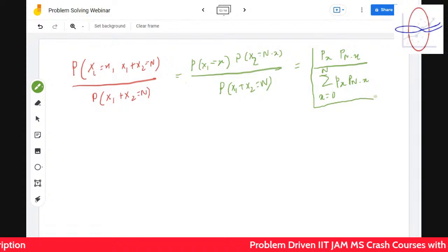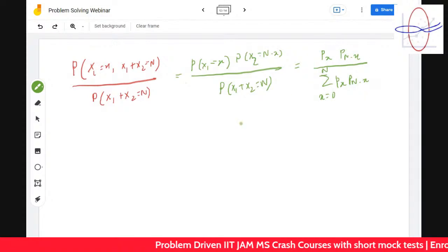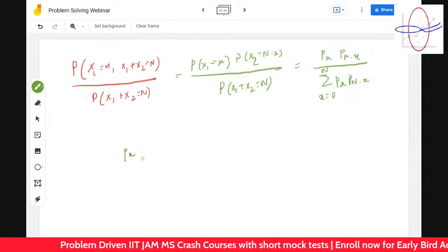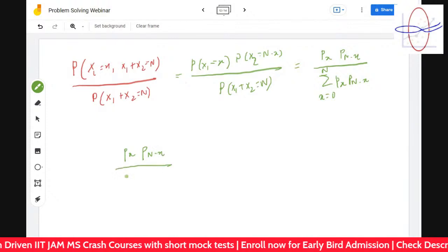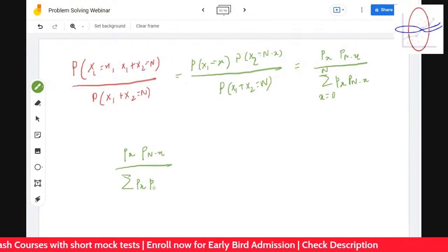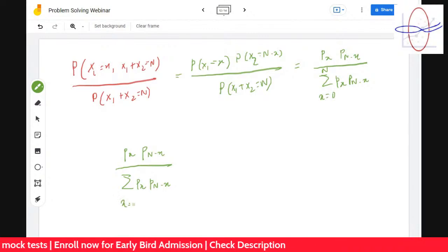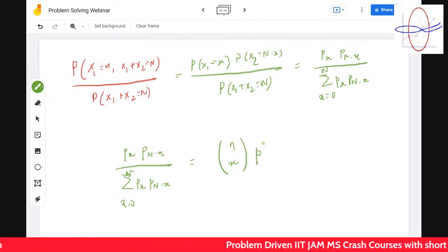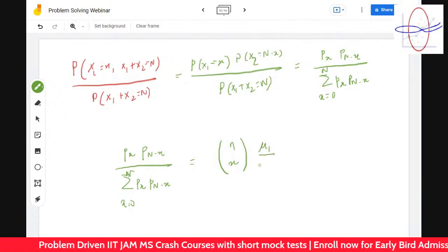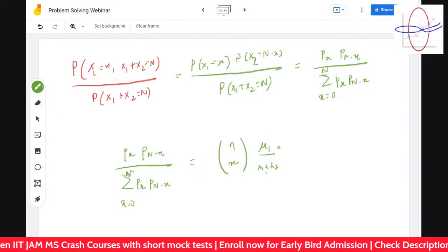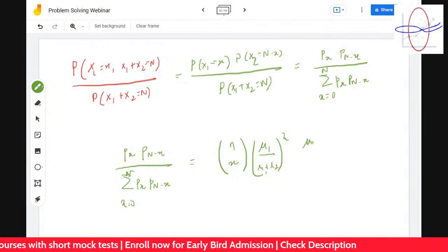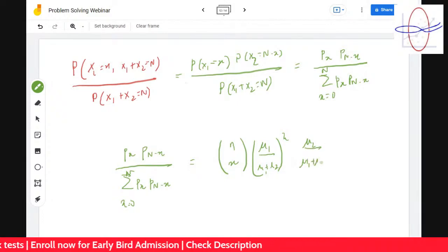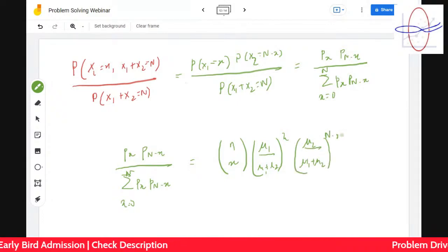So my question is: when is this expression always n choose x, that is binomial, mu1 by mu1 plus mu2 whole to the power x and mu2 by mu1 plus mu2 whole to the power n minus x?